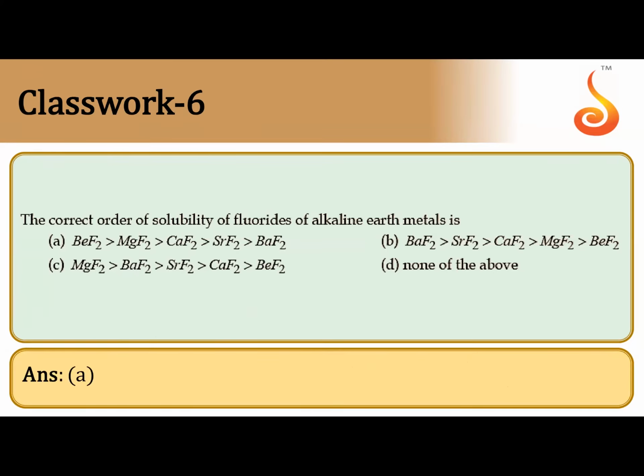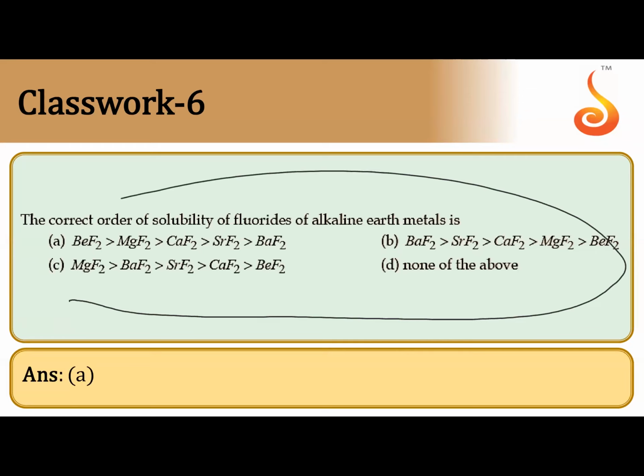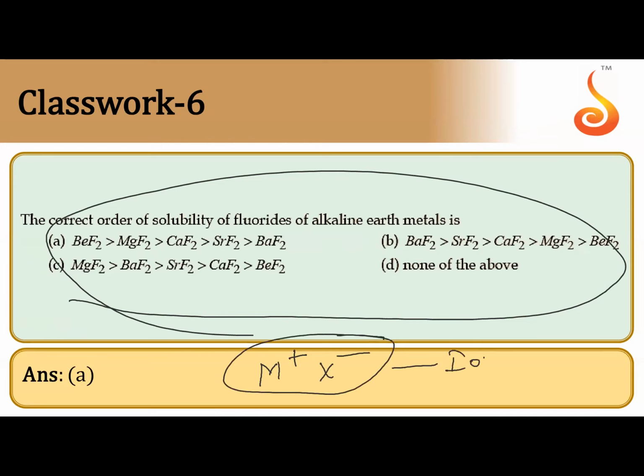One more doubt from a child. Ria Mali, how are electronegativity and solubility related? Ria, here electronegativity will not come into play because all the compounds are fluoride compounds. The metal is electropositive and the halogen is electronegative. If this turns out to be an ionic compound, it is highly soluble in water.